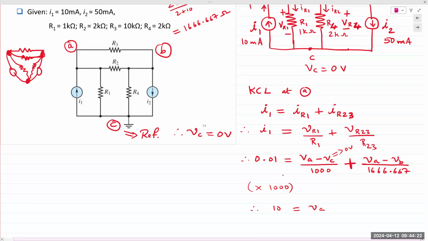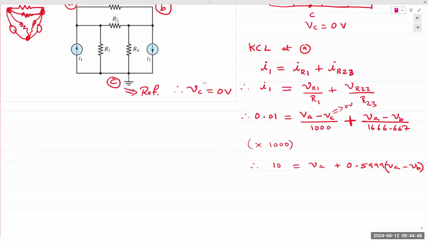So VC is gone. VA divided by 1000 times 1000 gives me VA plus 1000 divided by 1666 gives me 0.5999 VA minus VB. Okay, VA minus VB. So I rearrange the terms.